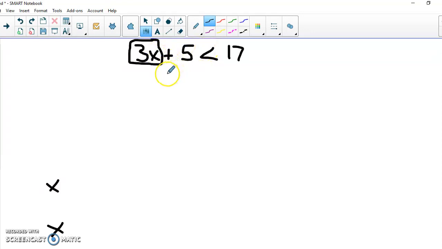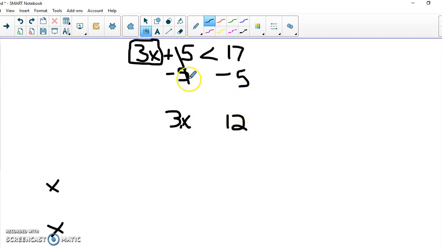I'm going to get rid of 5 by subtracting 5 from both sides. I'm left with 3x. Let me make sure I'm writing down the correct number. 3x. 17 minus 5 is 12.